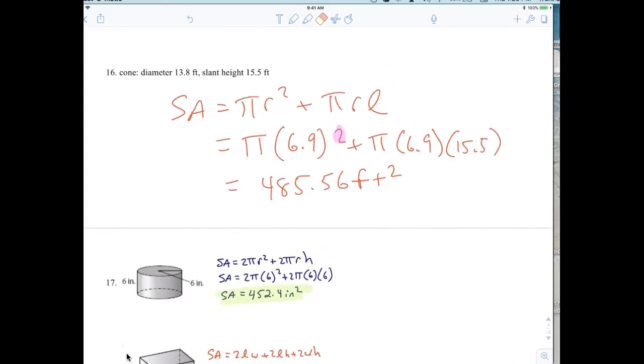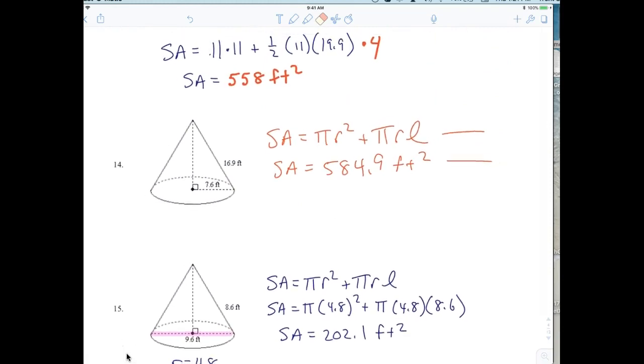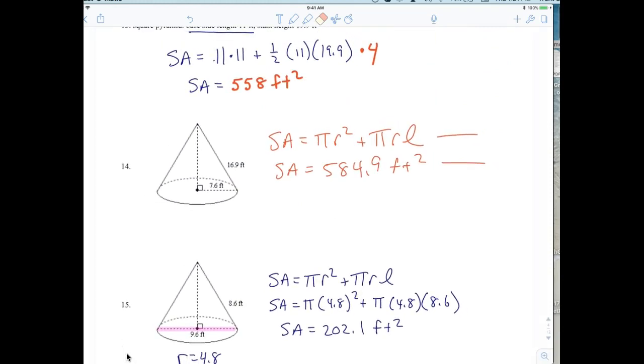So everybody agree with 16? I just added it too. And again, remember, the decimals don't bother me as much. Everybody good with that? All right, let's check out 14. Straightforward, that's what I got.